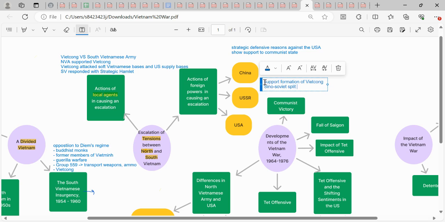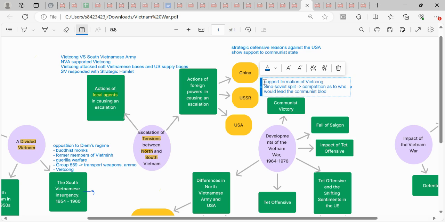All right, so there's a competition as to who would lead the communist bloc, and actually the North Vietnamese leadership did use this to their advantage, because they knew how best to tap onto these two superpowers, both China and the Soviet Union.